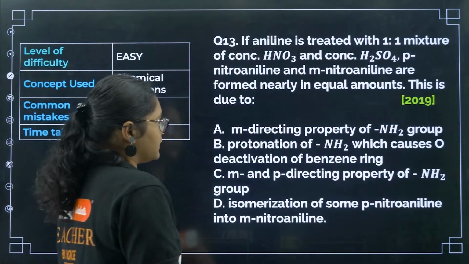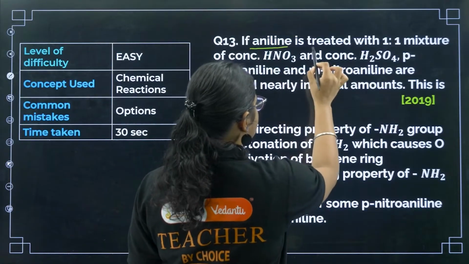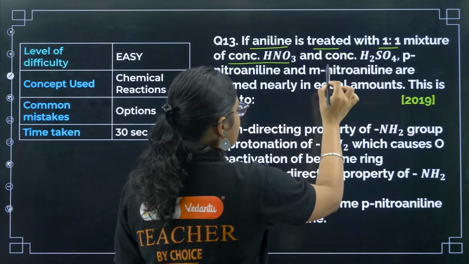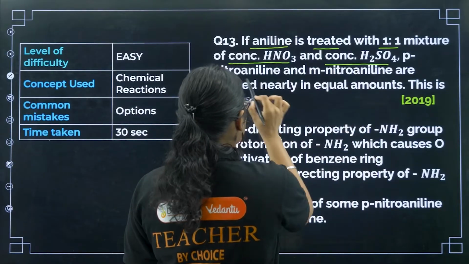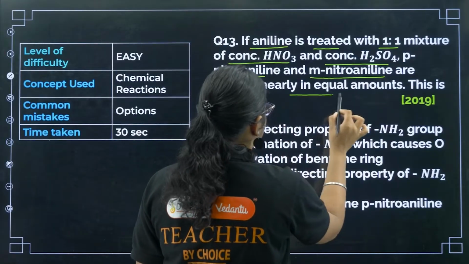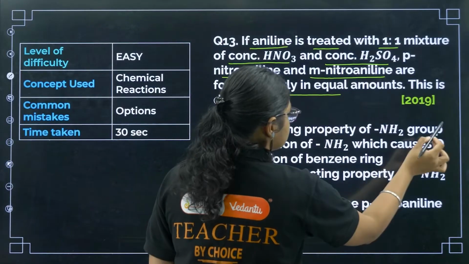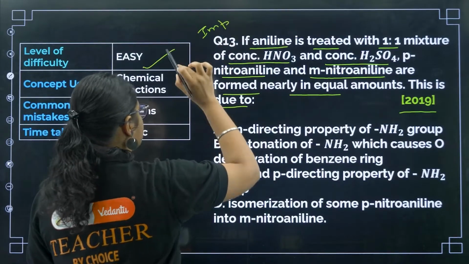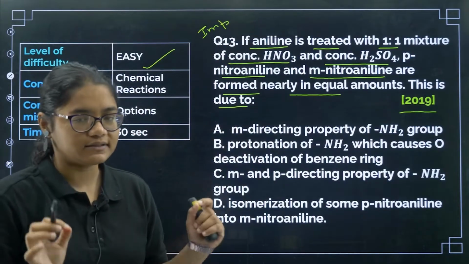Now question number 13. If aniline is treated with a 1:1 mixture of concentrated HNO3 and concentrated H2SO4, para-nitroaniline and meta-nitroaniline are formed in nearly equal amounts. This is due to... This is a 2019 question. This is again an important question, but it is super easy if you have learnt this theory.